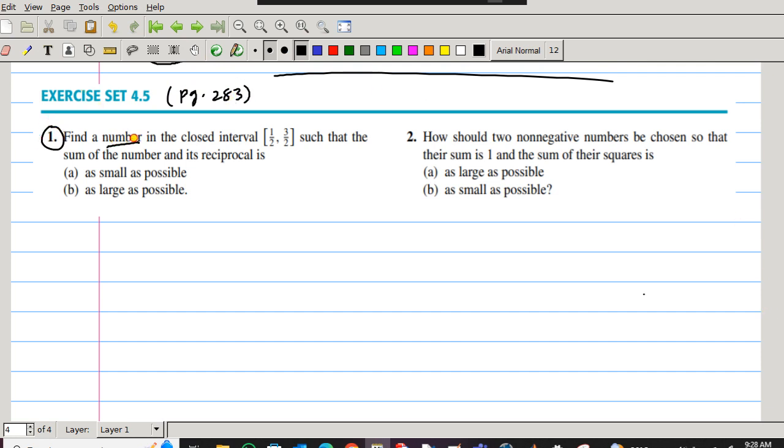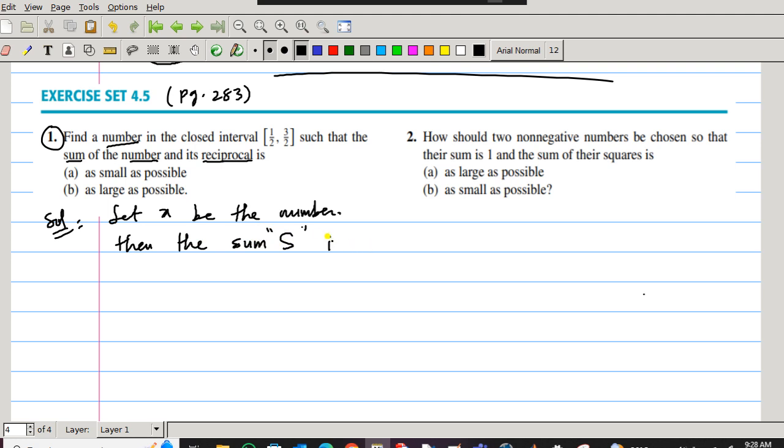Okay, find the number. So I can say that let x be the number, a required number, such that the sum of the number and its reciprocal, let's call it S for the sum, of x and its reciprocal. What is the reciprocal of x? 1 over x.